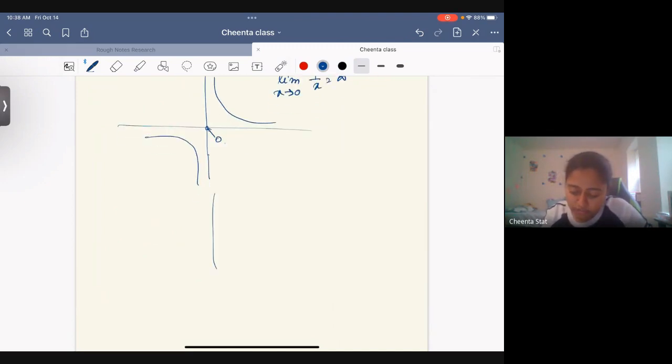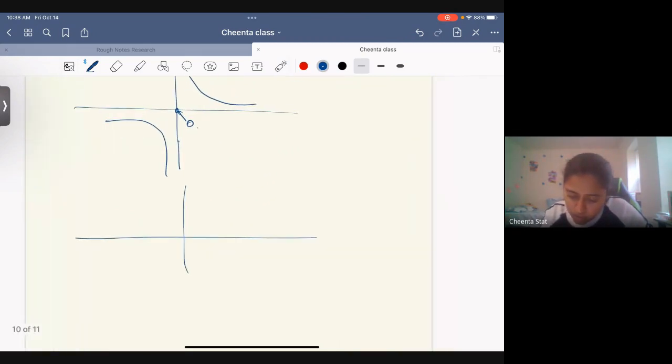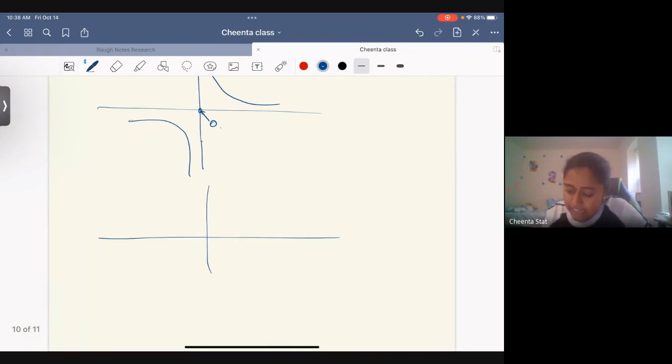There is a function. Say at infinity, it takes value 3. Say a function is something like that, it is taking a value of 3.